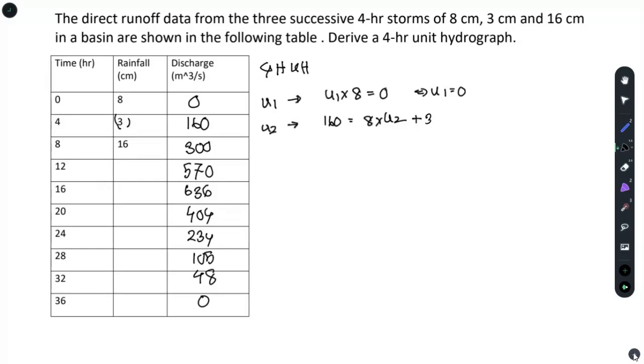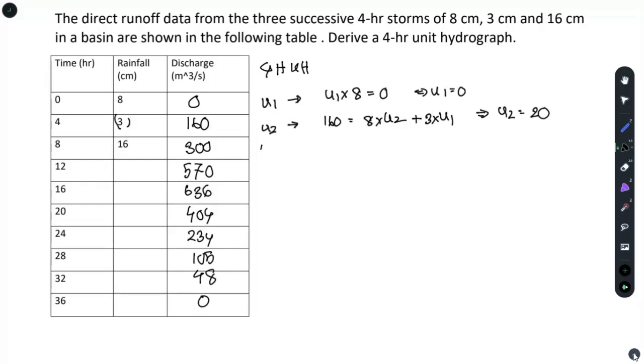So I will multiply 3 centimeter with U1, not U2. The reason is that for 3 centimeter rainfall, it is the first period of time that I will multiply with. So that is U1, and I know the value of U1, that is 0. So from that, I will get the value of U2, that is 160 divided by 8, so I will get a value of 20.